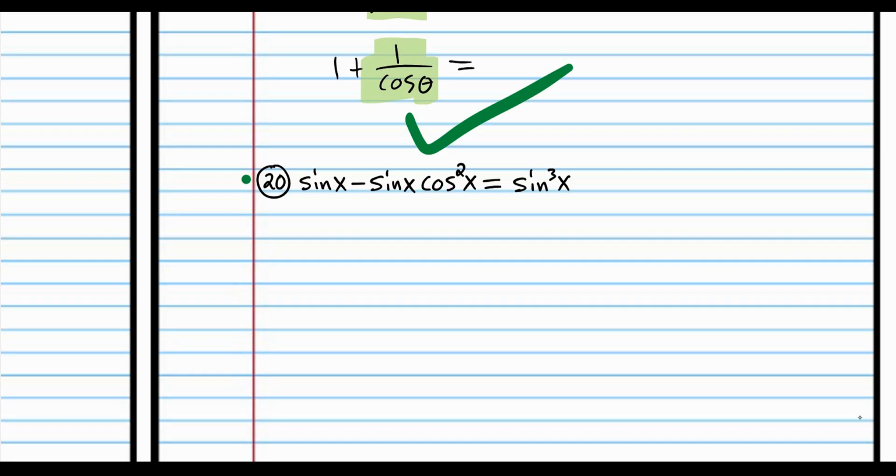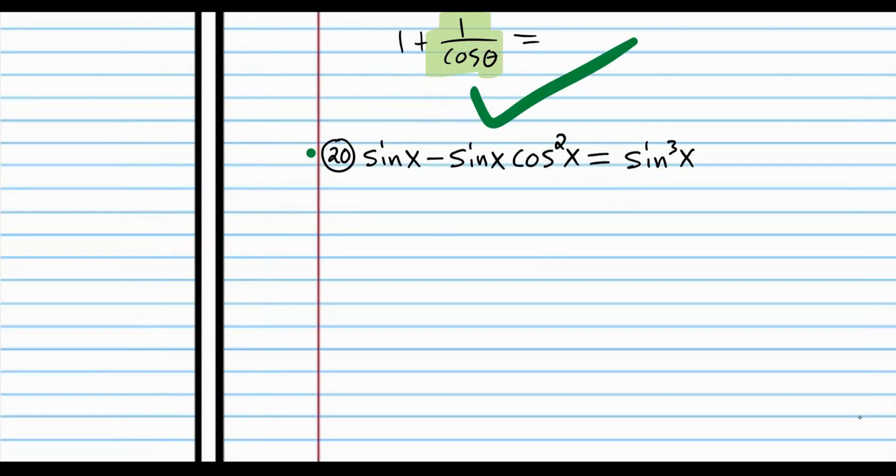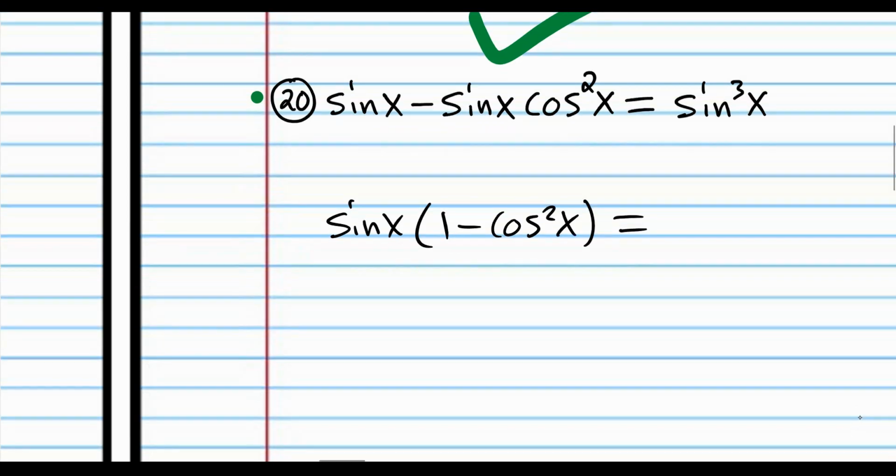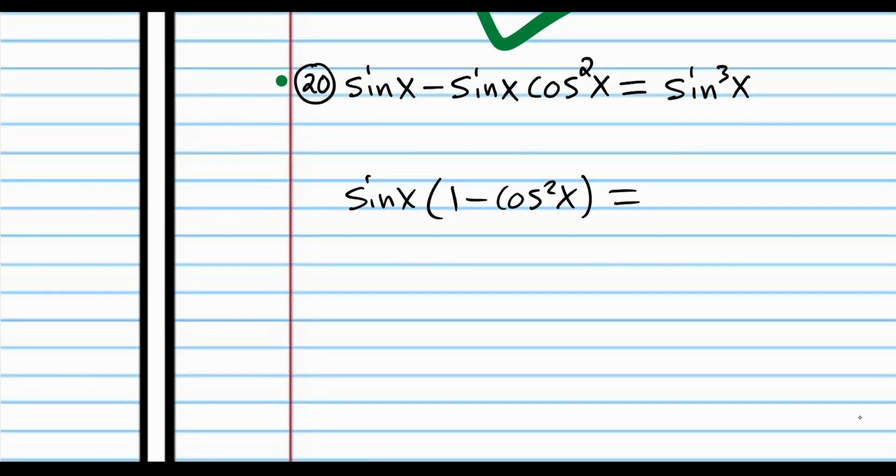Okay, we're back. Maybe I should make that a little bigger so we can see it better. So I'm going to factor out sine x, and we have 1 minus cosine squared x left over, and 1 is equal to sine squared x plus cosine squared x.